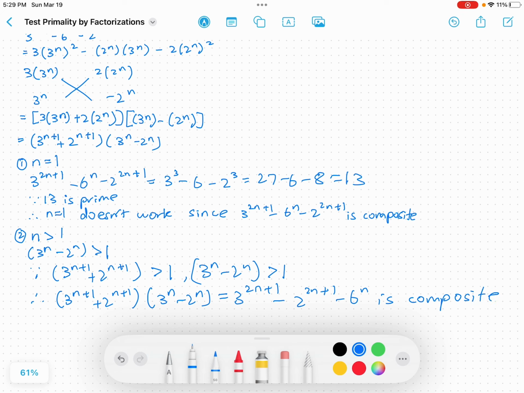So the answer is going to be when n is greater than 1, the number is going to be composite. And that is how you solve this problem using factorization.